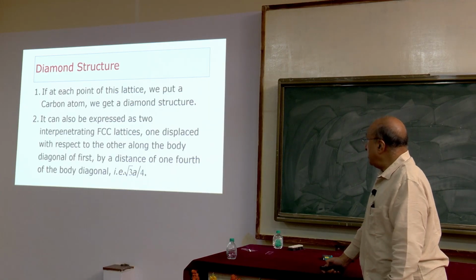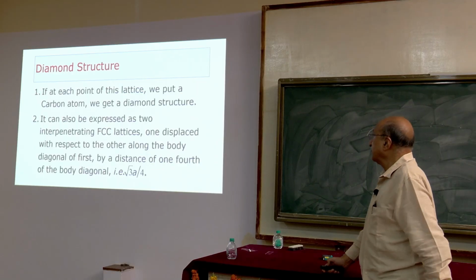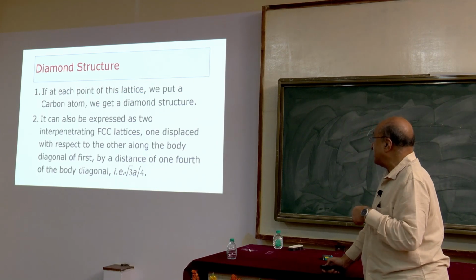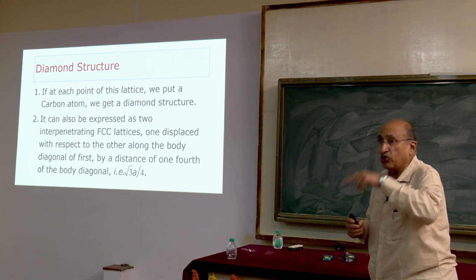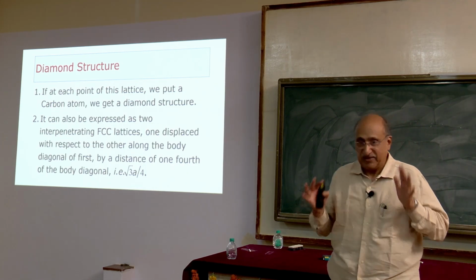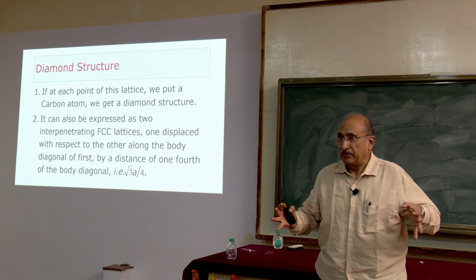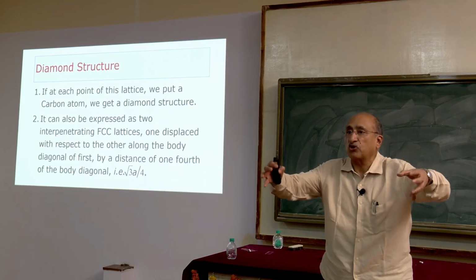This is what I have said. At each point of the lattice, we put a carbon atom, and we get a diamond structure. It can be expressed as 2 interpenetrating FCC lattices, displaced with respect to each other by a distance of 1/4 of the body diagonal. Huge sentence. Let's try to understand the meaning of it. Suppose we have 2 identical face-centered cubic lattices placed on top of each other.